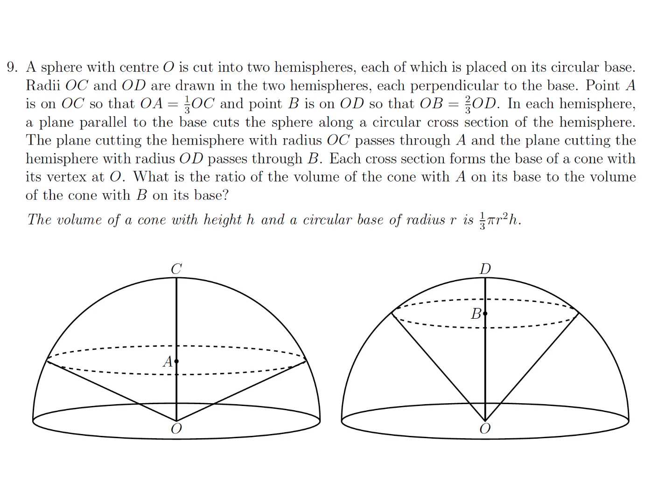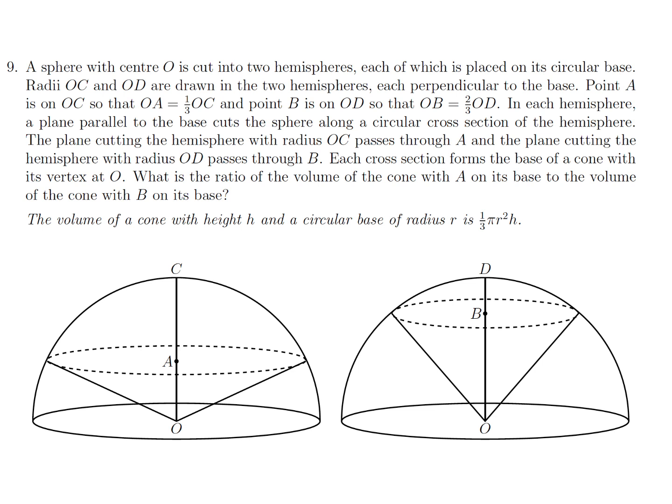A sphere with center O is cut into 2 hemispheres, each of which is placed on its circular base. Radii OC and OD are drawn in the 2 hemispheres, each perpendicular to the base. Point A is on OC, so that OA is 1/3 of OC, and point B is on OD, so that OB is 2/3 of OD.